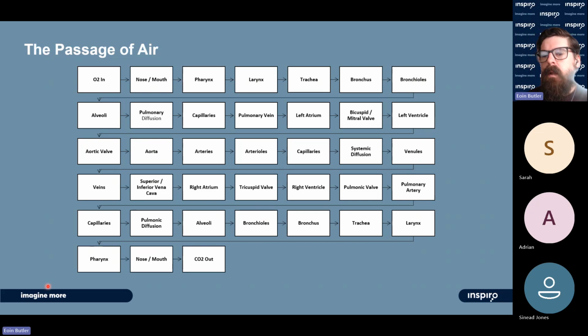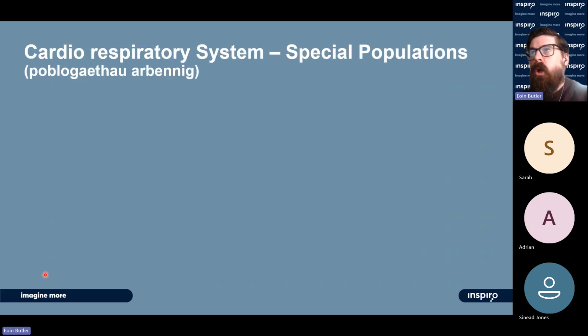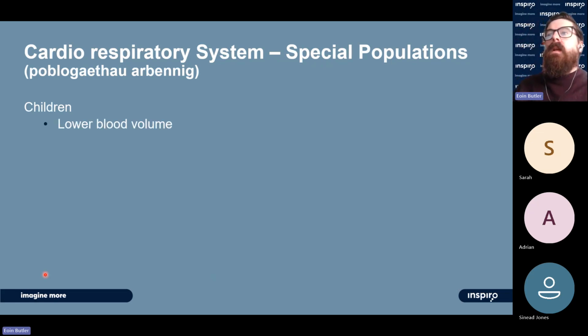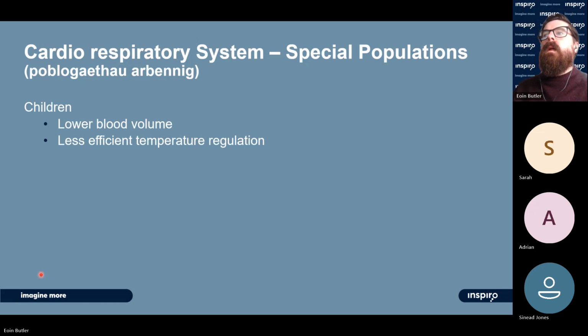Okay. Right, our final section then, we're looking at the cardiorespiratory system and special populations. So we've got children first of all, the age 14 to 16 age range actually. Children have a lower blood volume. Obviously they're smaller, so they've got less blood. They are less efficient at temperature regulation.